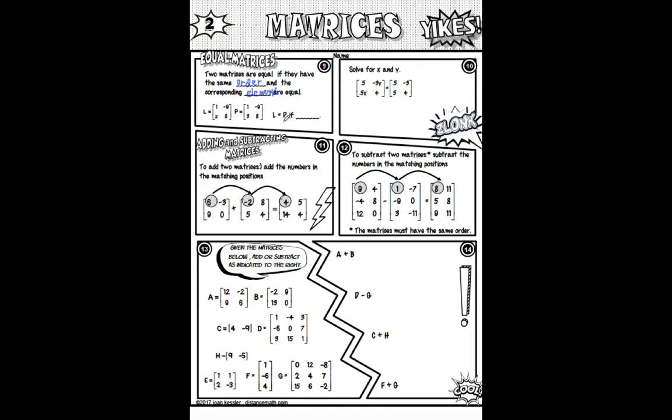So if L equals P, L will equal P if, so let's make sure we pair with the corresponding element. So remember, corresponding means the same position. So 1 on L is in the same position as 1 on P. -9 is in the same position as -9.